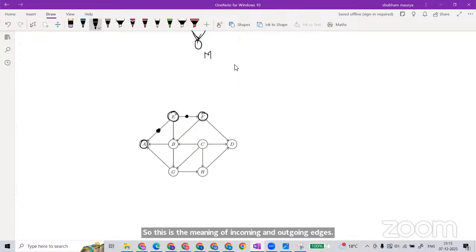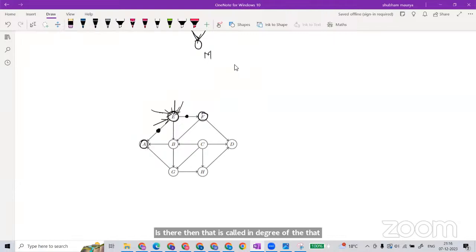Now, in degree and out degree are the terms. In degree means the number of incoming edges. How many incoming edges a vertex has is called the in degree of that vertex.